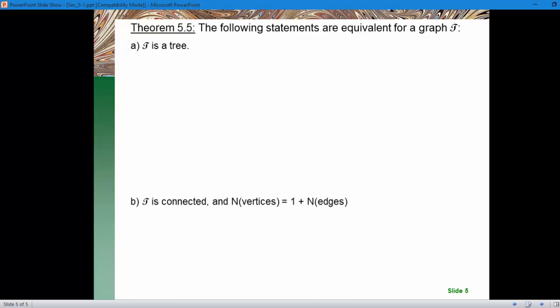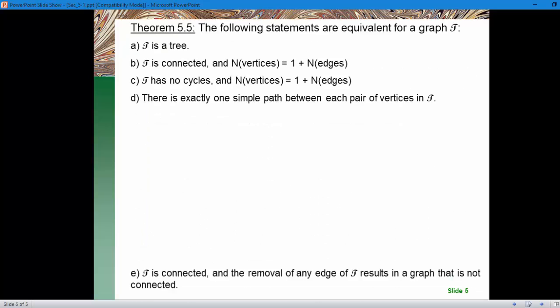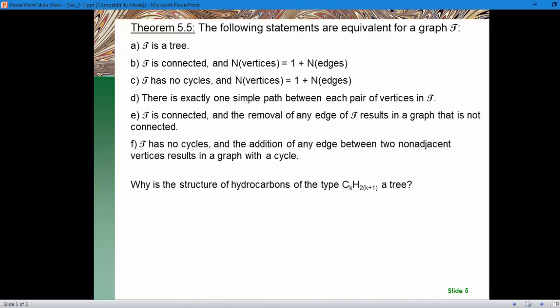Now we have one more theorem, 5.5, and you will see the proof of this theorem in the textbook. But this theorem says that these 6 statements, they're all equivalent.